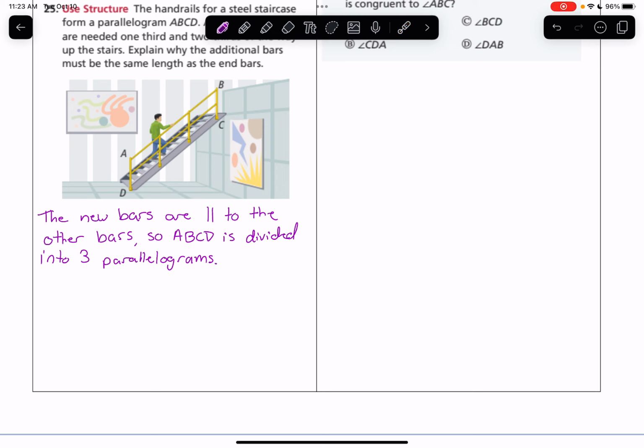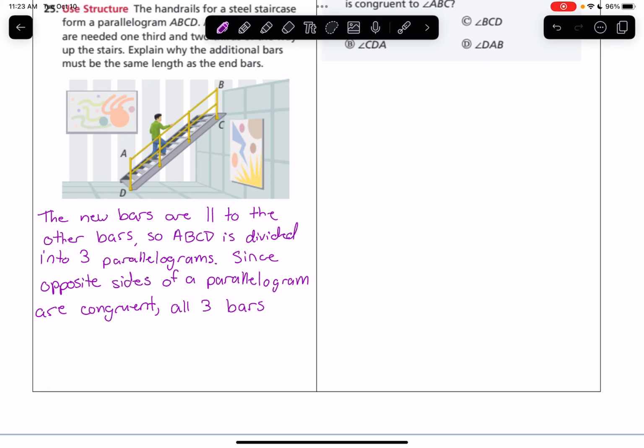So we can state that since opposite sides of a parallelogram are congruent, that means all 4 bars must be the same length.